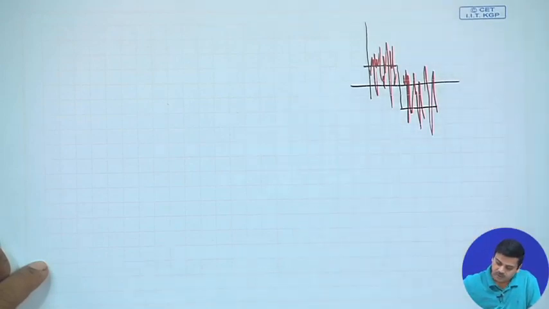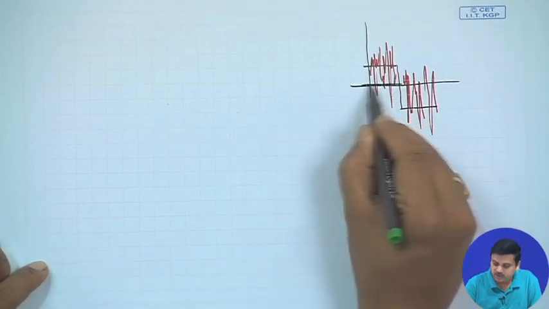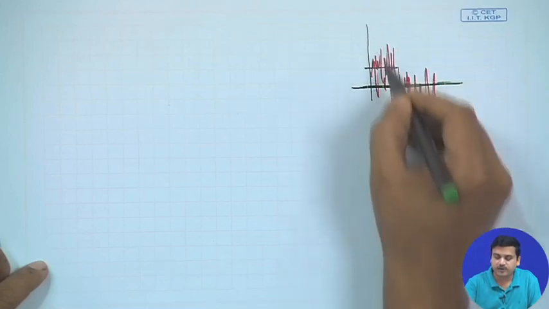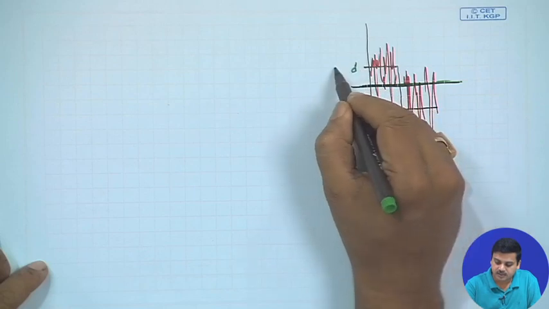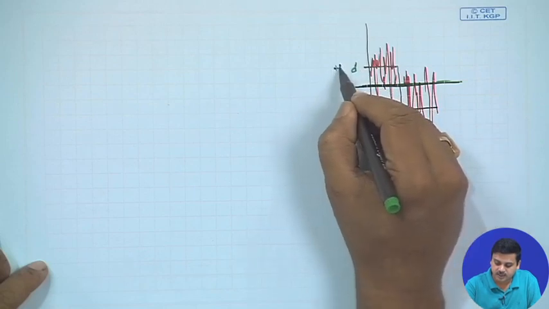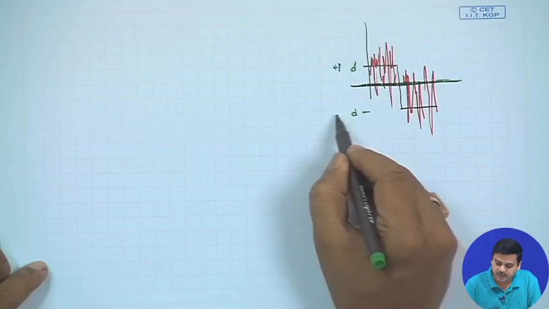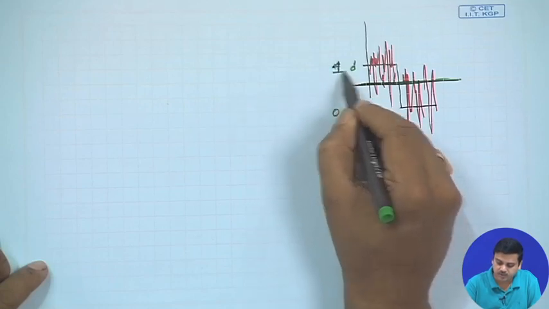Whenever the signal crosses this threshold, if it is on the upward side, you would identify it as D, let us say +1, and minus D would mean a 0. So that means a 1 or a 0.